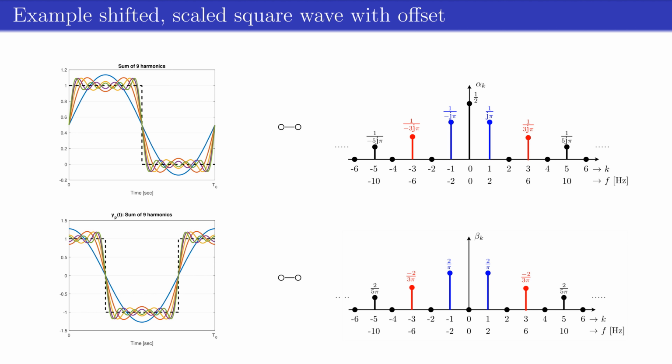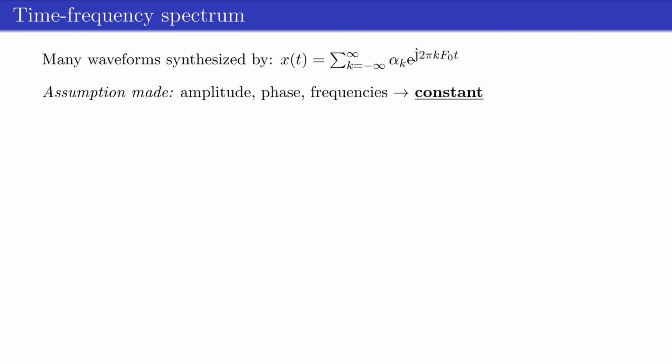From the resulting figure we can see that indeed the result is a time-shifted, scaled version of the original periodic signal with an offset. Many waveforms can be synthesized with a weighted sum of harmonically related phasors.